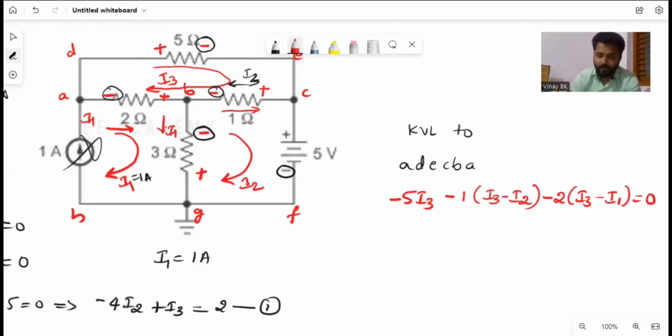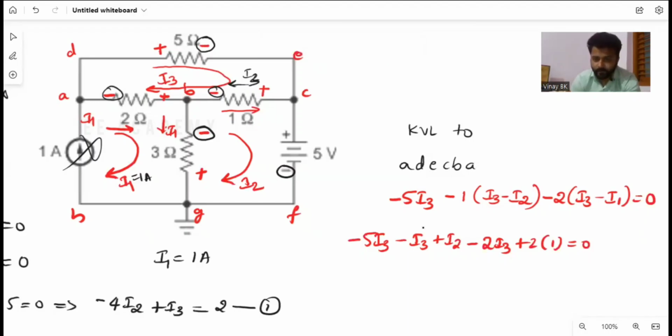So I'll simplify now. Minus 5I3 minus I3 plus I2, that is minus into minus is plus, minus 2I3, minus into minus again plus 2I1, but value of I1 is 1, equals 0. Now simplify this equation.